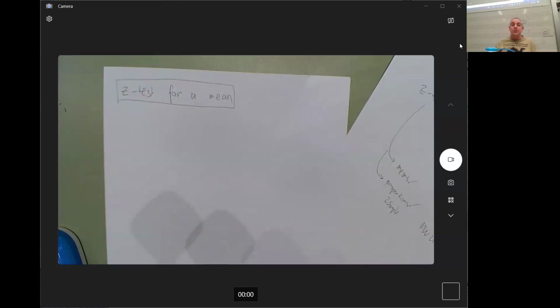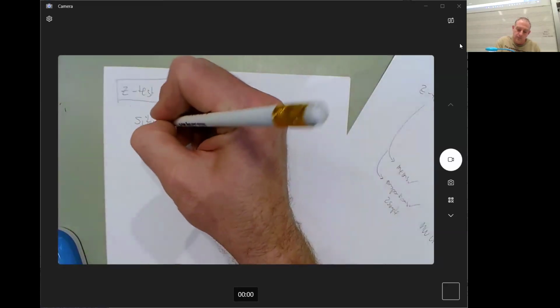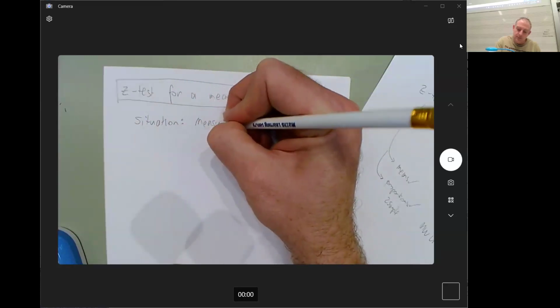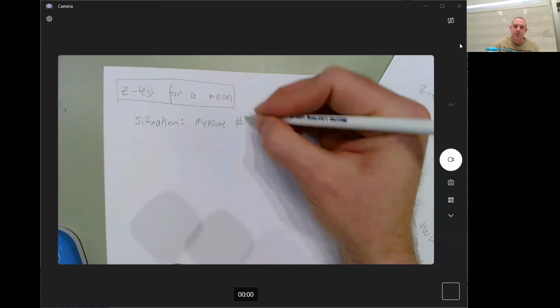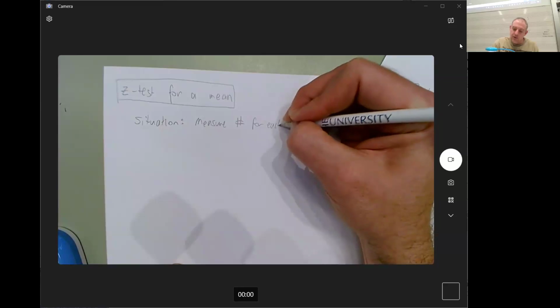But the Z test is for a mean. And the situation is that every individual person or object has a number to go with them. That's the symbol for number. Measure a number for each.